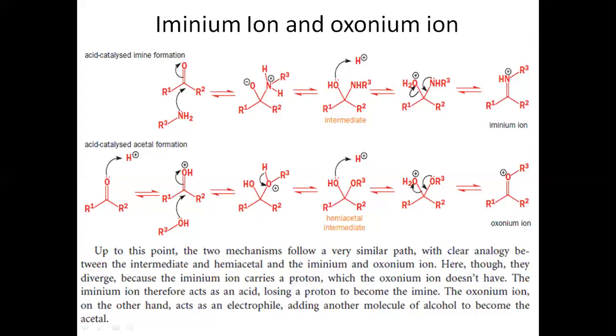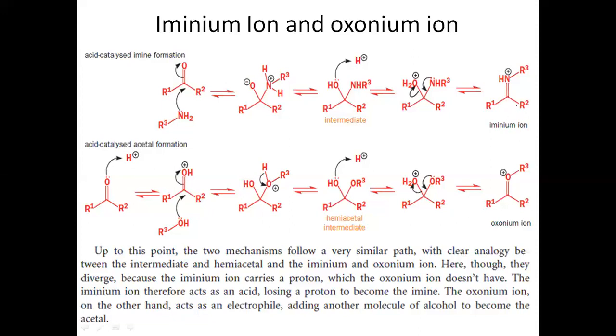Since this group is departing, in order to satisfy this carbon, the lone pair on the nitrogen will come down so as to generate a double bond between carbon and nitrogen, and thus the reaction belongs to the imine formation category. Since this nitrogen still holds the positive charge, it is called an iminium ion.